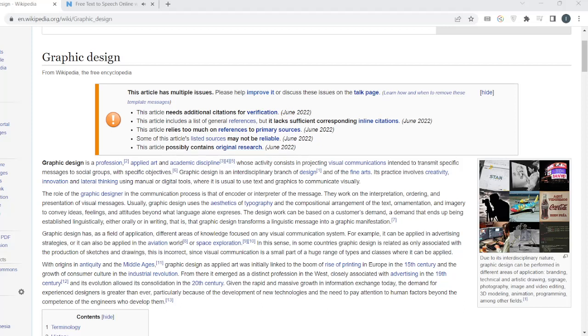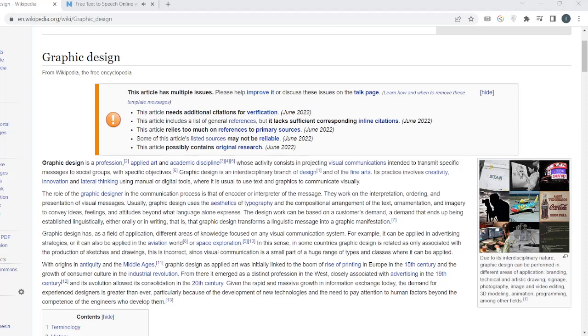With origins in antiquity and the Middle Ages, graphic design as applied art was initially linked to the rise of printing in Europe in the 15th century and the growth of consumer culture in the Industrial Revolution.